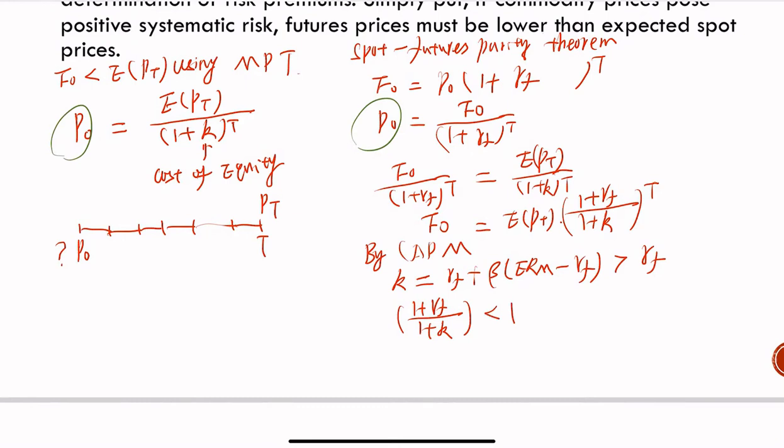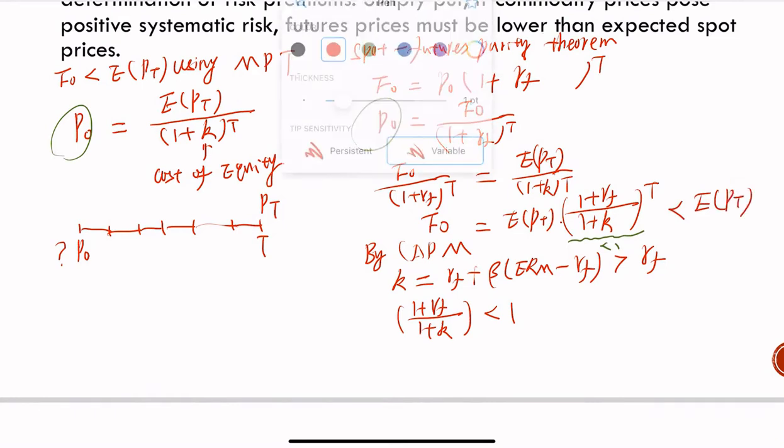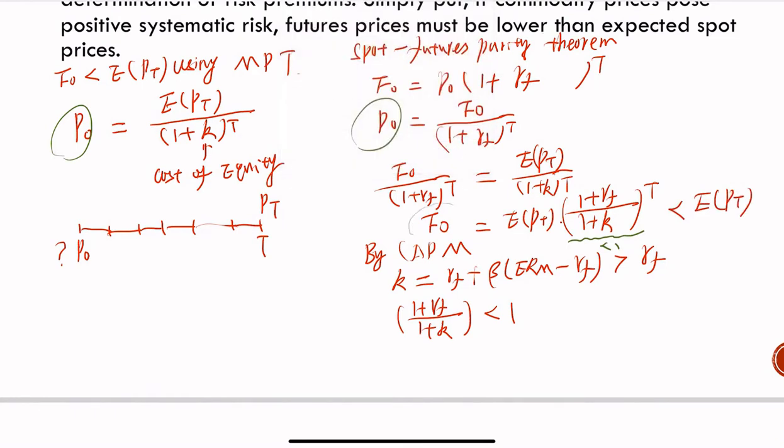So you can see that if this factor is smaller than 1, then it implies the left-hand side has to be smaller than EPT. So basically you can see that F0 is smaller than the expected spot price, right?